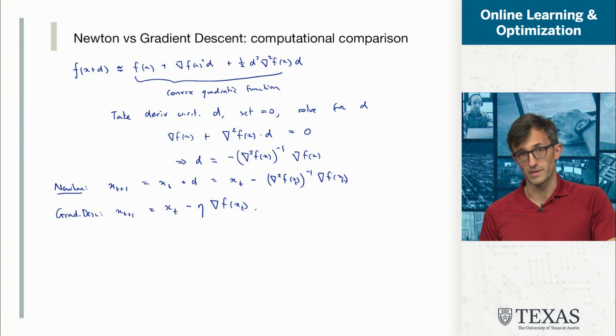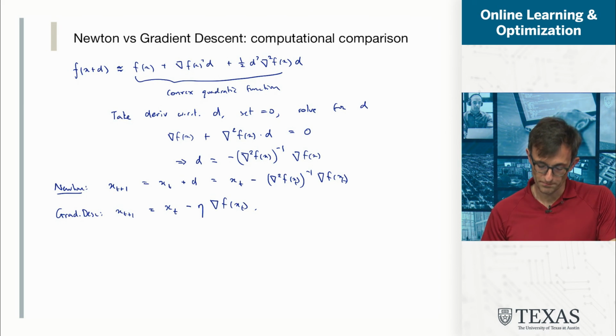In neural networks, for example, the gradient computation itself is very expensive. Whereas in linear models and generalized linear models, it's actually quite straightforward to compute the gradient, computationally straightforward. So I'm going to continue to ignore that and just look at the other computations that are required.